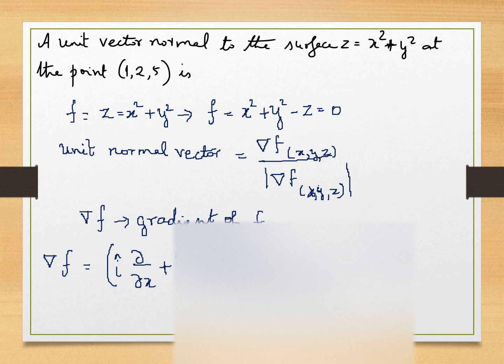It can be further expanded like this: i dou by dou x of x square plus y square minus z, plus j dou by dou y of x square plus y square minus z, plus k dou by dou z of x square plus y square minus z.